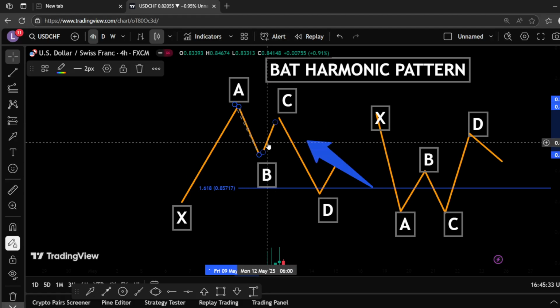The CB leg is the second number that we need.